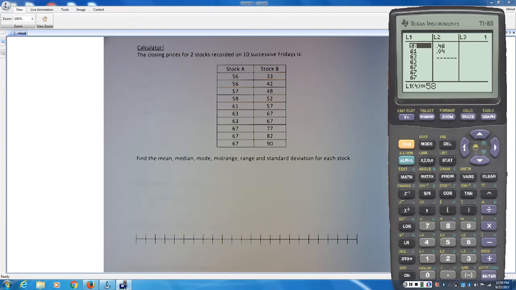Remember, bad data entry skills means bad answers. You don't want bad answers.